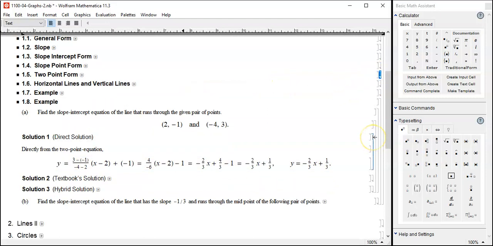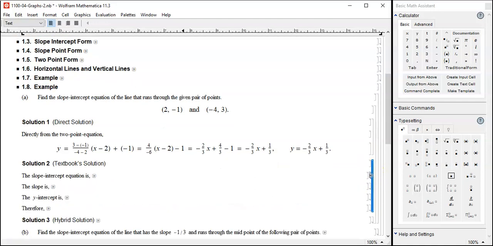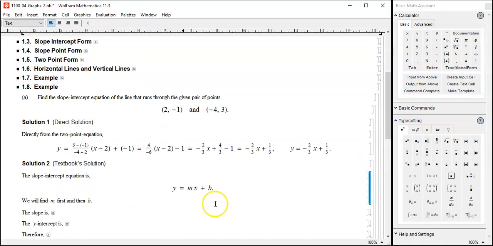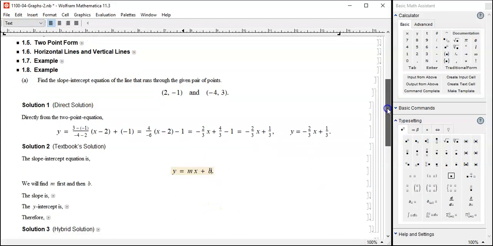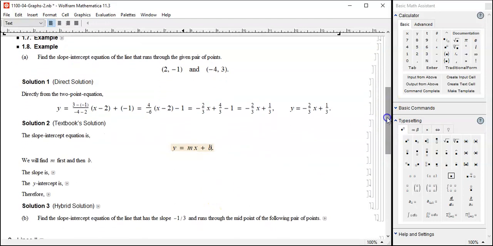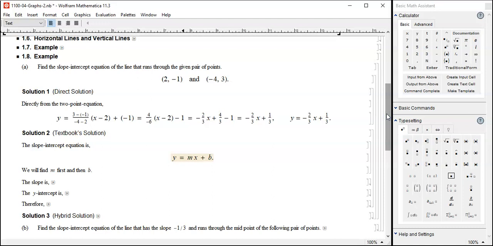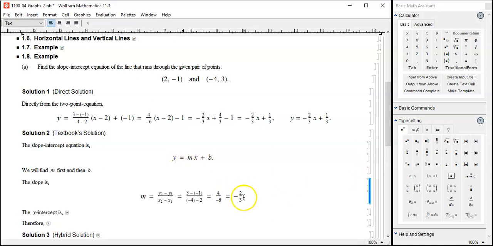But that's not what our textbook author does. This is the textbook solution. So here is a slope-intercept equation. That's what you want, and you have to find out the m value and b value. M we can find out from the slope formula, y2 minus y1 over x2 minus x1. Plug in the numbers and do your computation, and there you go, -2/3. So that's something I'm going to plug in here in place of m.